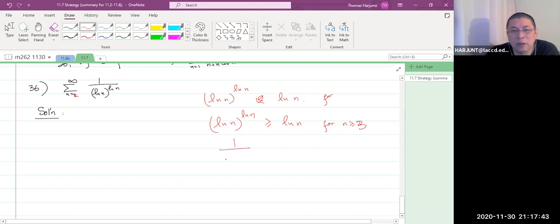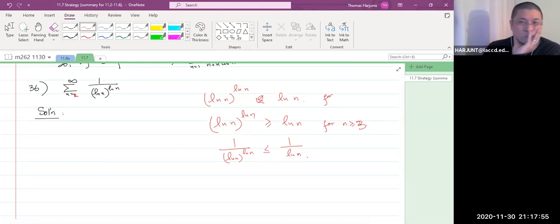Now the thing is, if I do the reciprocal, I bound it above by something divergent, but it doesn't help.